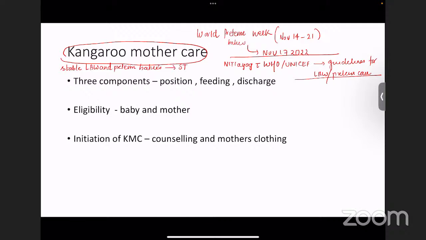This is very important: stable. By giving skin-to-skin contact, we prevent hypothermia and related complications. So, kangaroo mother care is nothing but a support which we give to all stable low birth weight and preterm babies by providing skin-to-skin contact with the caretaker or caregiver, and prevent hypothermia and its related complications.